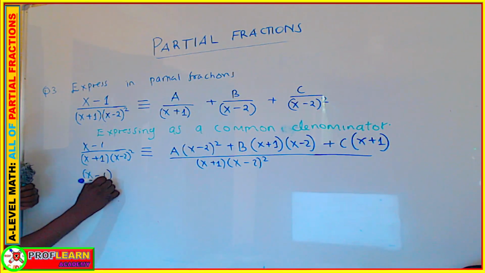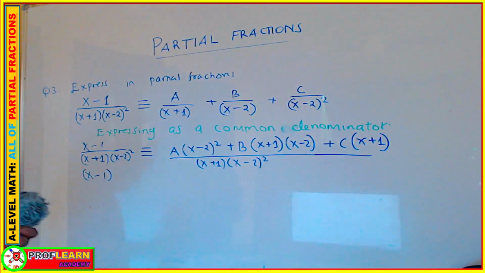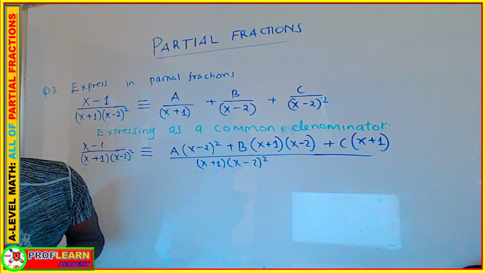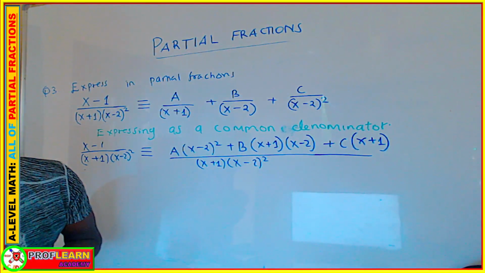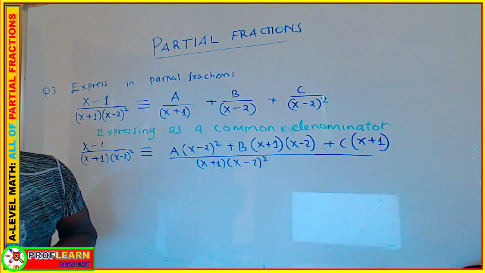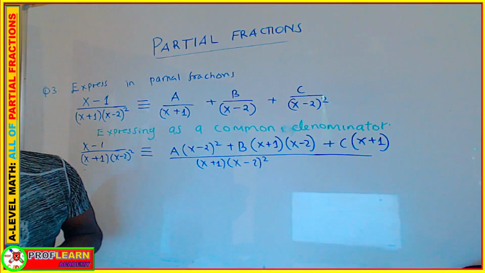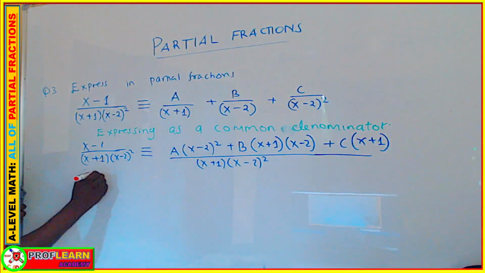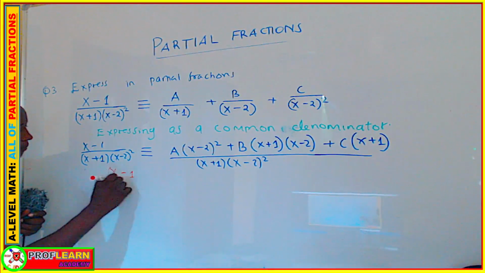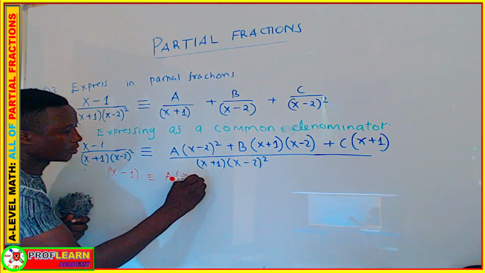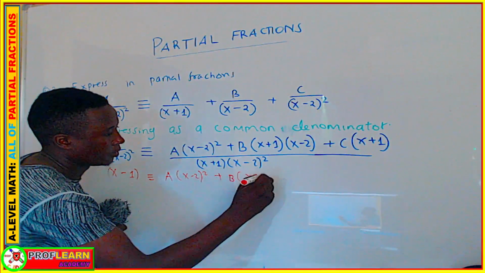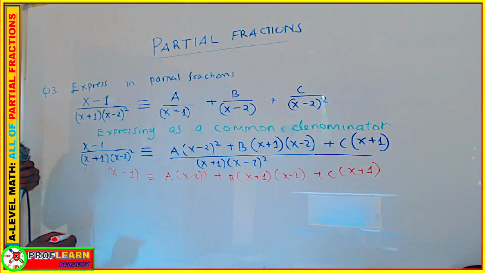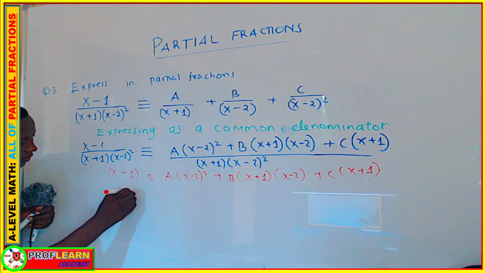So this x minus 1 can be written as x minus 1 is equivalent to a into (x minus 2) squared plus b into (x plus 1)(x minus 2) plus c into (x plus 1).